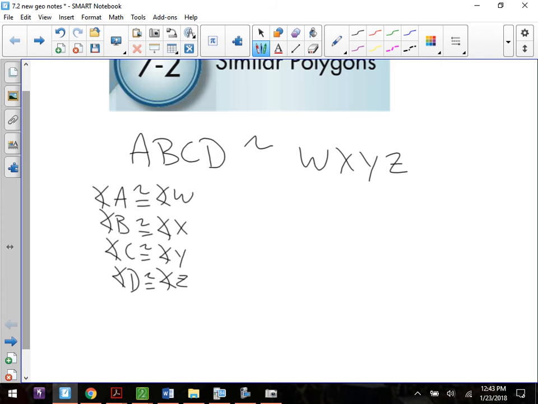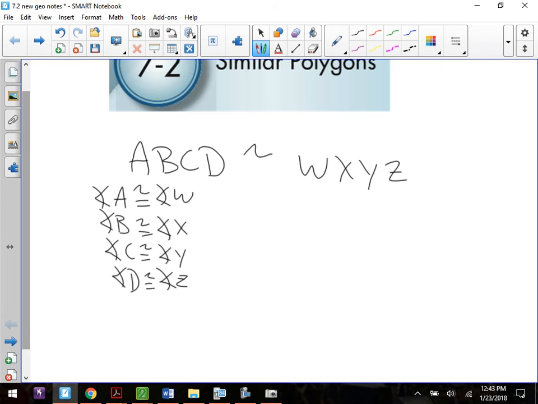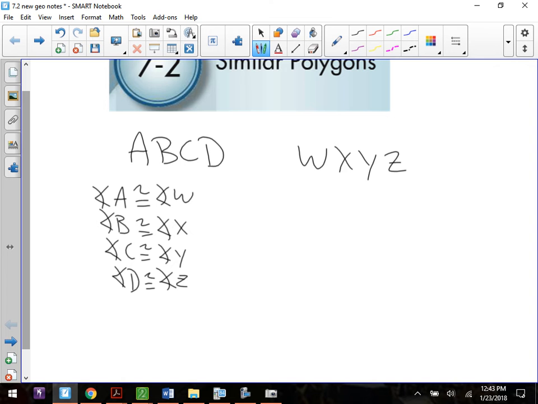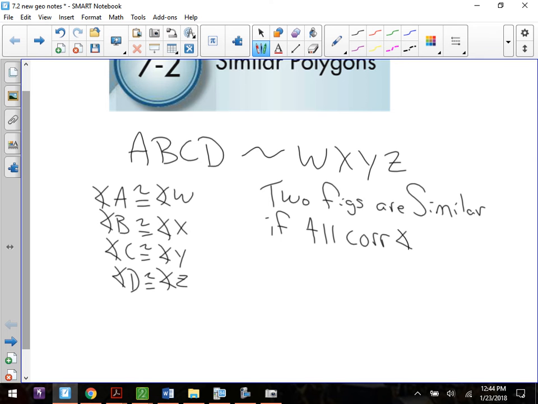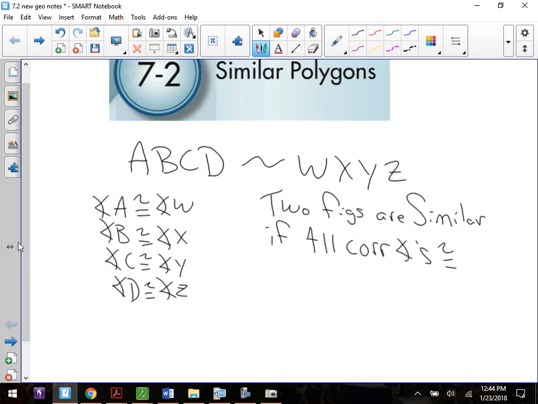So you get this thing called a tilde. I just call it squiggly, it's easier. When you have a similarity statement, what happens is 2 figures are similar if all corresponding angles are congruent, which we already wrote because of the congruency thing, that doesn't change.